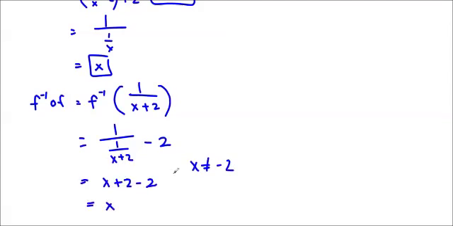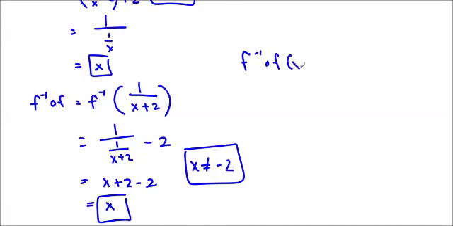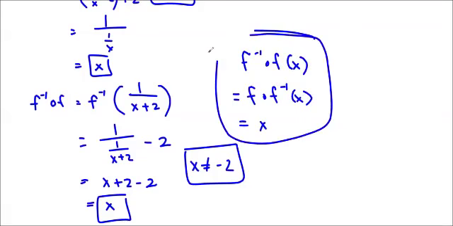So this is something that is always true for f inverse and f, that f inverse of f of x will equal f of f inverse of x, and it will always be x. Okay? So this is a true statement that you can take to the bank, or whatever. Okay?